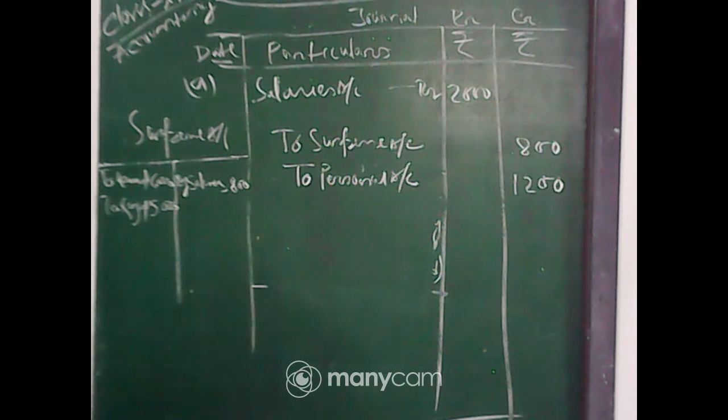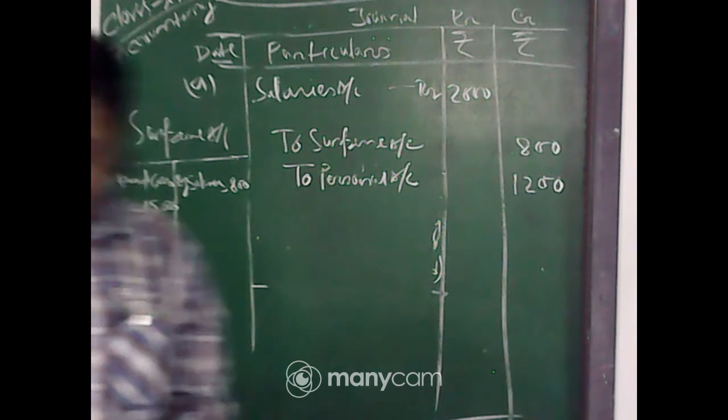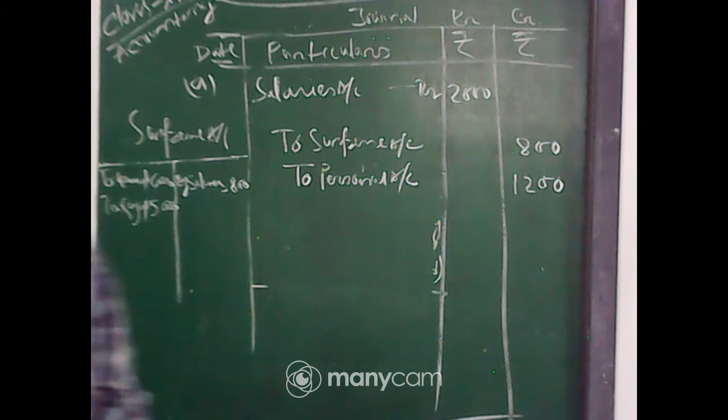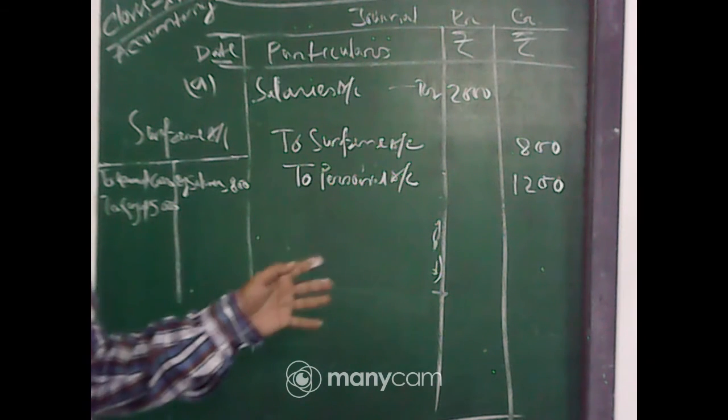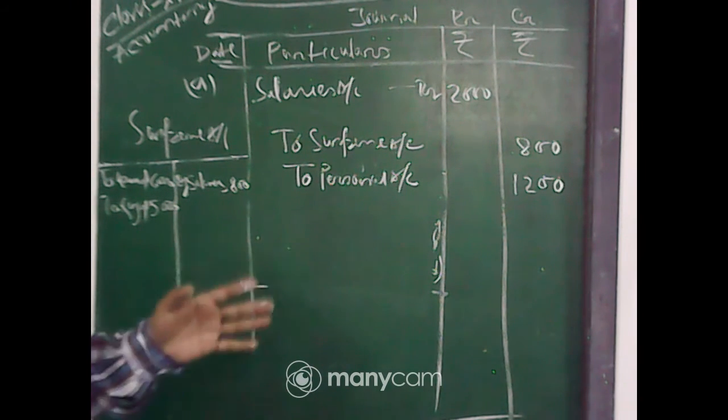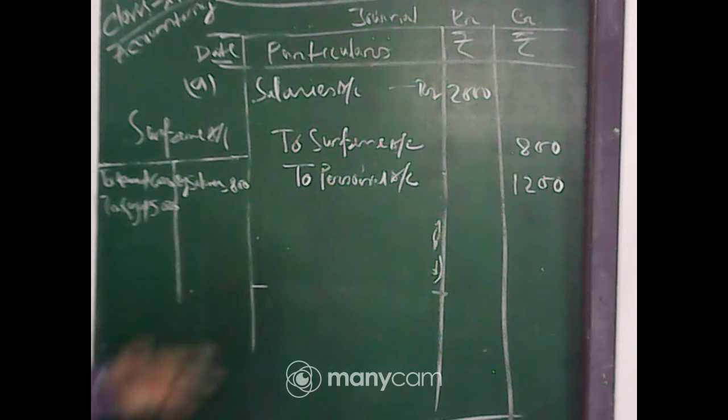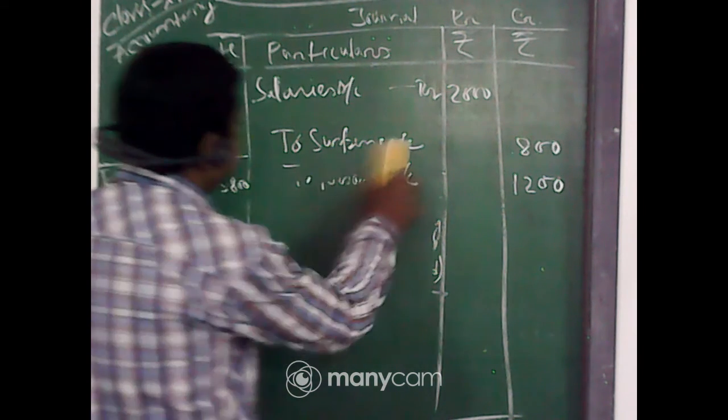Now what will be the narration? Being salaries paid to an employee wrongly debited to his personal account, now rectified. Narration is compulsory for each and every entry, I am ignoring it here. In your examination you have to write your narration, otherwise you will not get the marks.